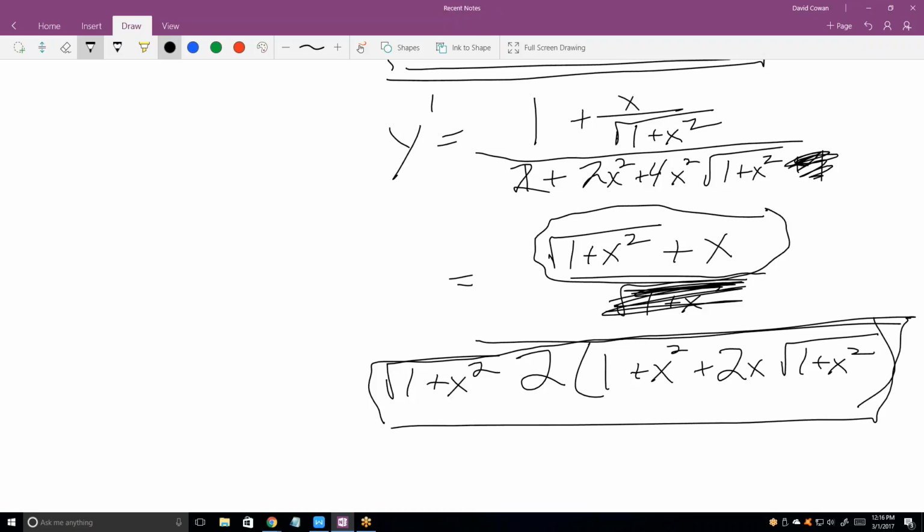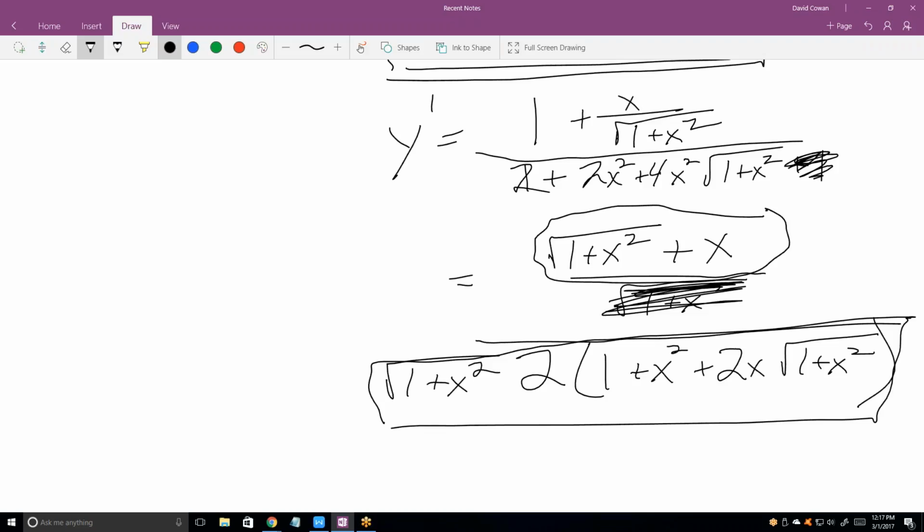Now, let's see, I got a square root of 1 plus x squared here, and all of that times that is going to turn into 1 plus x squared, and I'm going to be able to do lots of simplification, I believe.